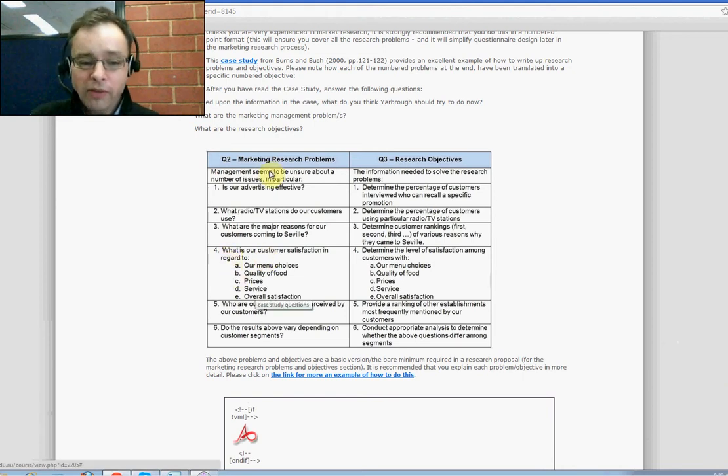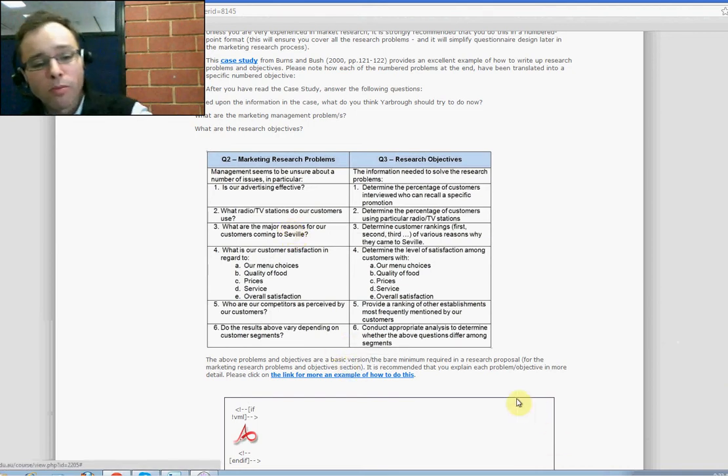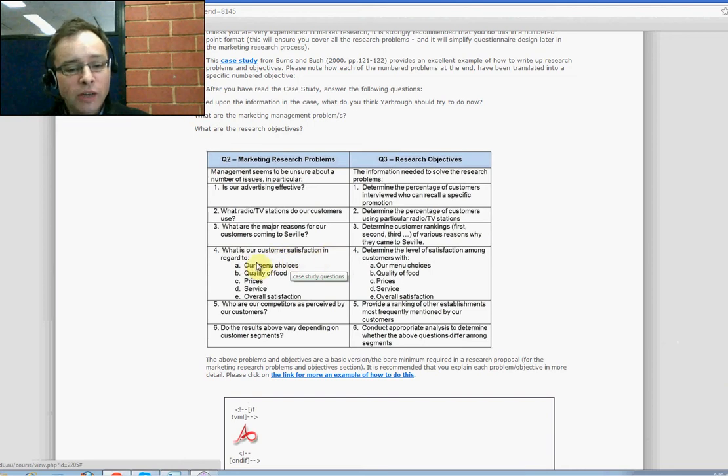Now, when you have identified all the problems in this particular case study, step number 2 is to translate them into what information will be needed in order to solve the problems that we identified. So, with problem number 4, what is customer satisfaction in regards to our menu choices?